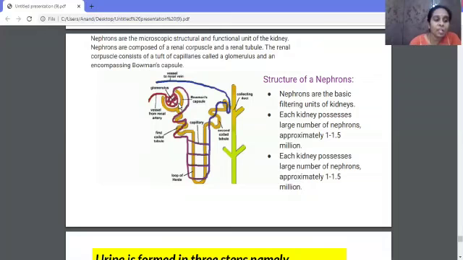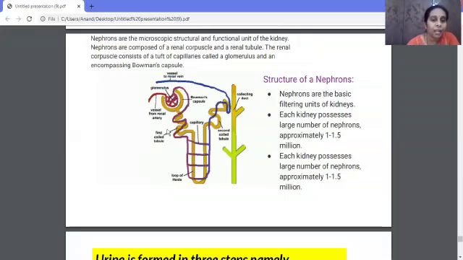Essential nutrients such as water, glucose, vitamins, and amino acids are also filtered, and non-essential substances such as nitrogenous waste, sodium, potassium, and bicarbonate are also present in the filtrate. Actually only the non-essential substances have to be thrown out, whereas here both essential and non-essential substances have been filtered by the glomerulus. This process we call glomerular filtration.